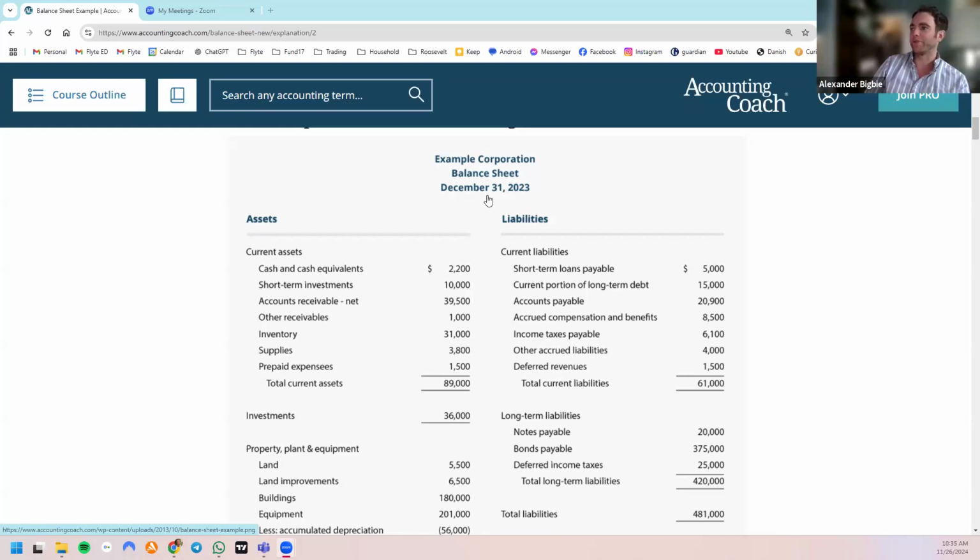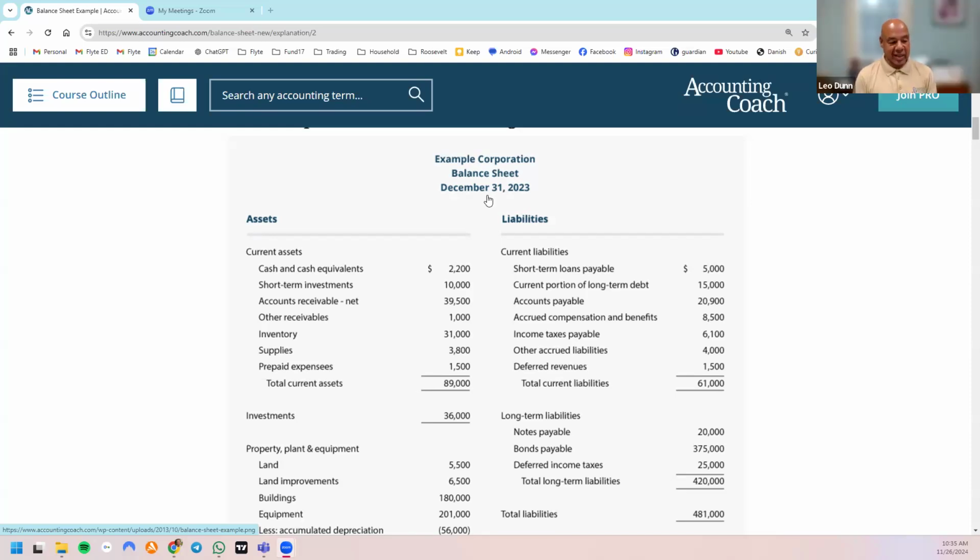That's one of the main differences. If you look at balance sheets at different times of the year, they can vary pretty wildly, depending on the organization.